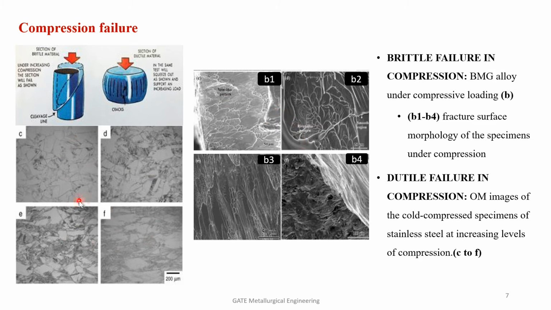And here is the fracture morphology of a ductile material under compression. So this is ductile fracture in compression, this is brittle fracture in compression. Please keep in mind that buckling takes place for ductile materials, and shear at 45 degrees takes place for brittle materials.